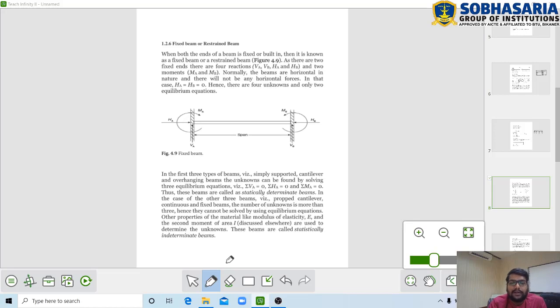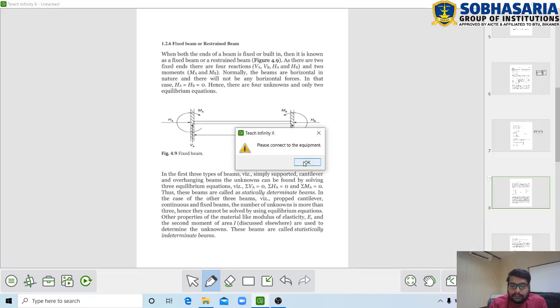So, like we discussed, if you look here at the fixed beam condition, you will see there are 2 vertical reactions VA, VB.